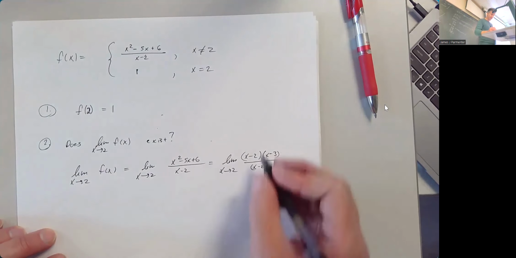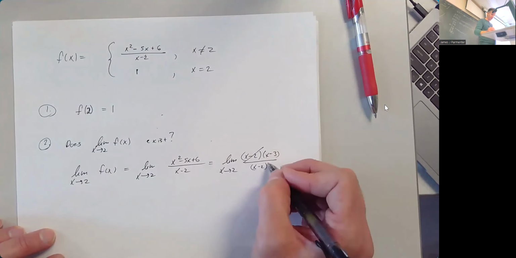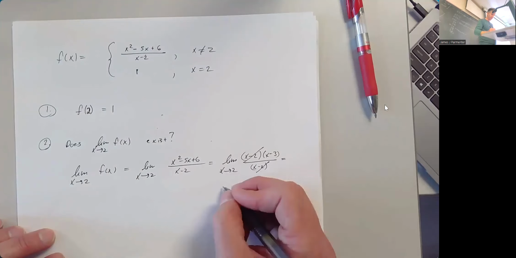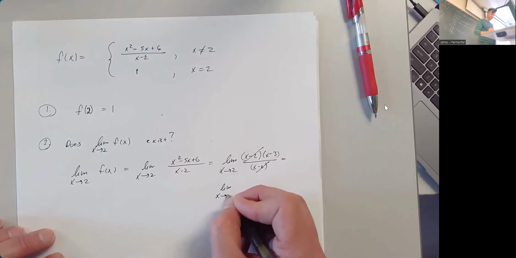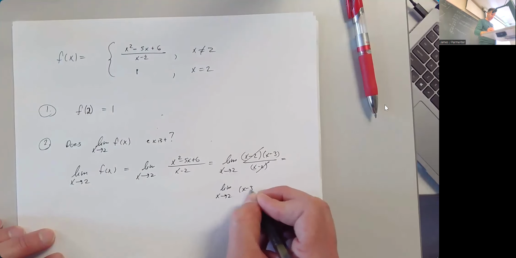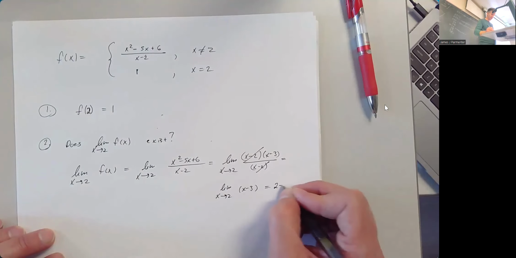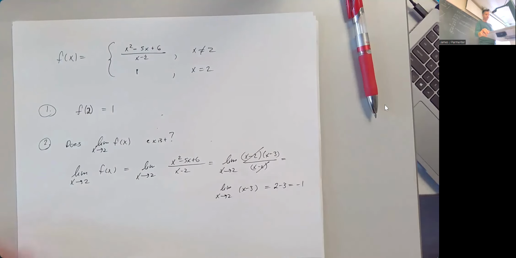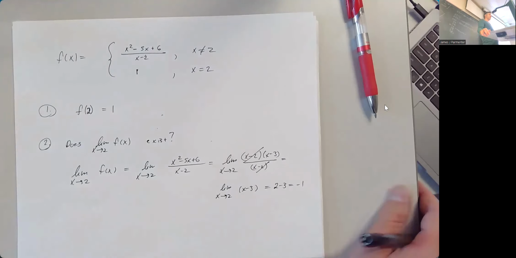I can say that x minus 2 divided by x minus 2 is 1, and then this is the limit as x approaches 2 of x minus 3, which is 2 minus 3, which is -1. Does the limit exist? Yeah, it's equal to -1.